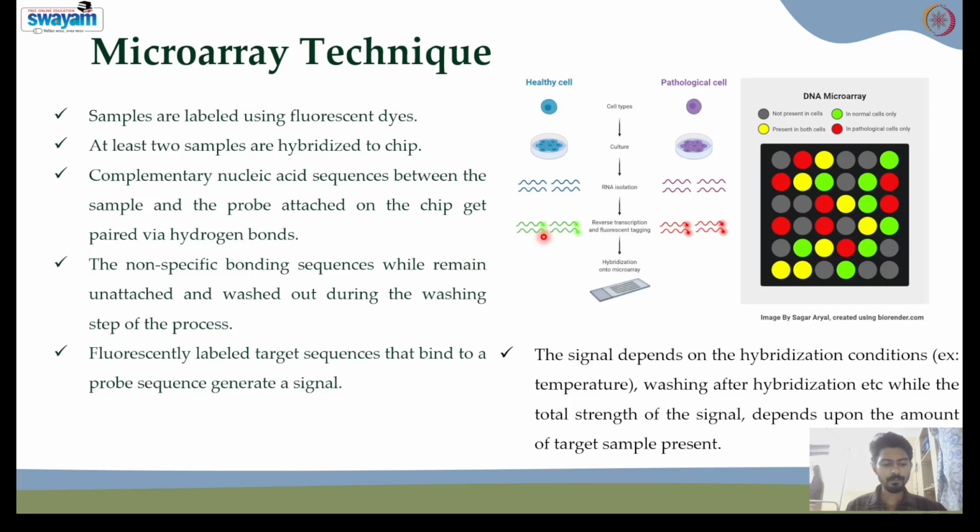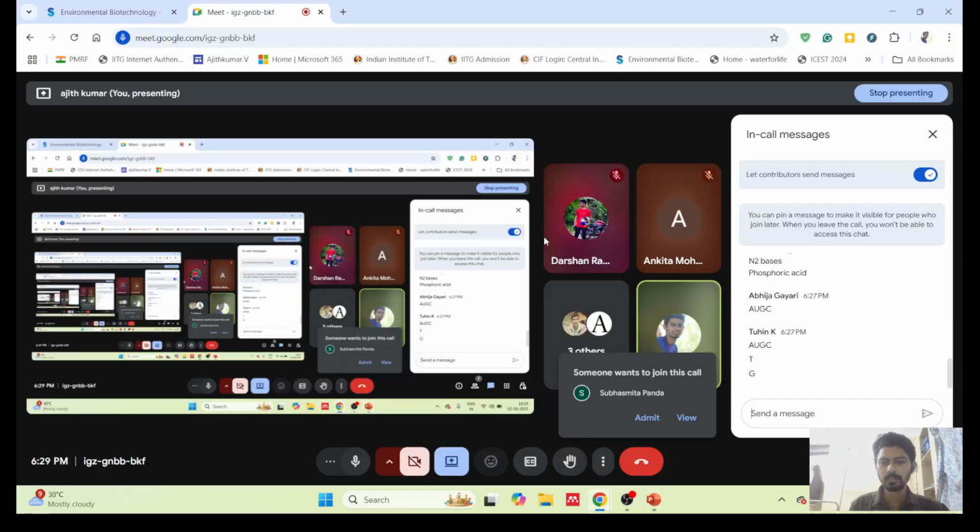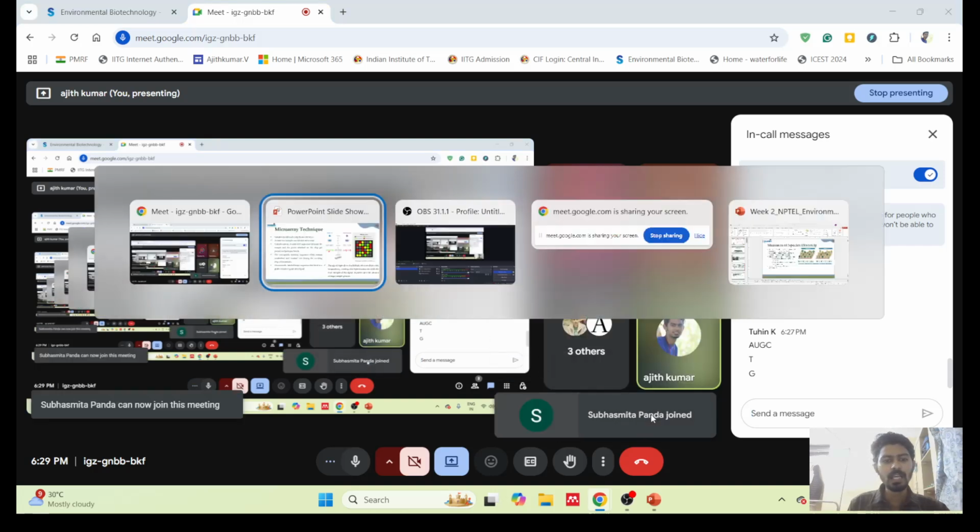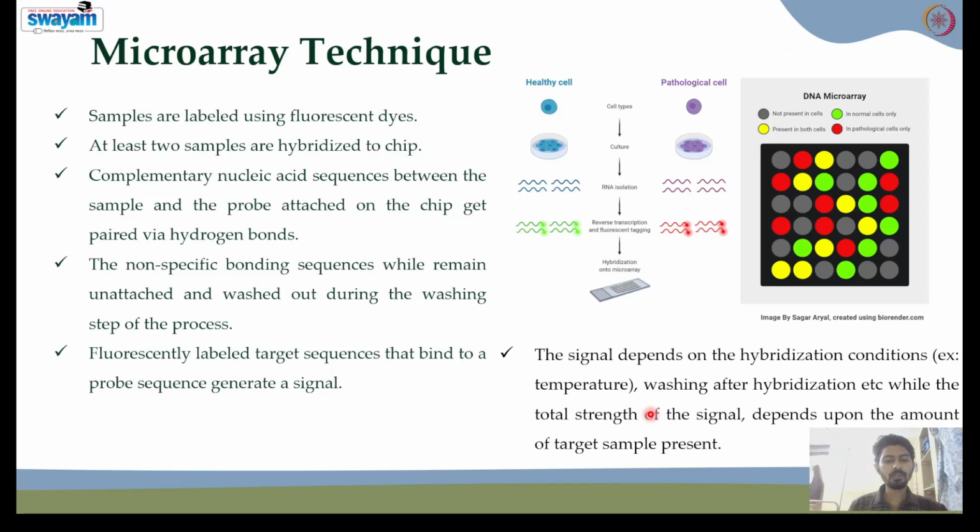In the probe, you will have nucleic acid where you will be applying the DNA sequence on it. So if there is complementary base pairing, they will bind to each other. And any other non-specific binding will be unattached and will be washed out during the washing step.